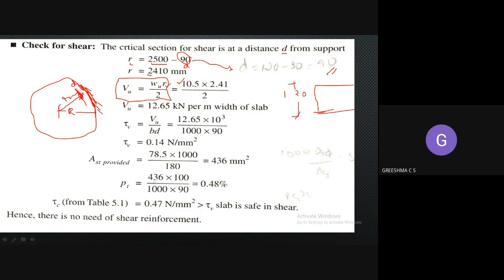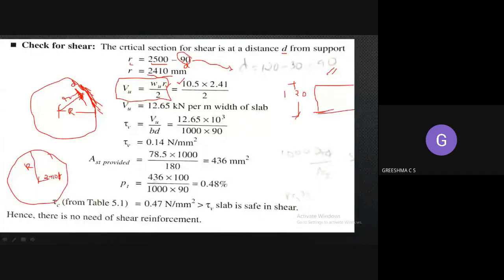So you will get 2410 mm. If this is a circular slab, at a distance of 2410 you have the maximum shear force, that is the critical section. This is the point where you have the maximum shear force.